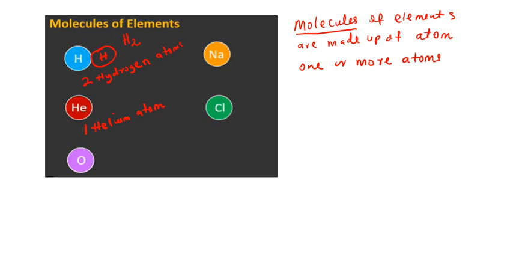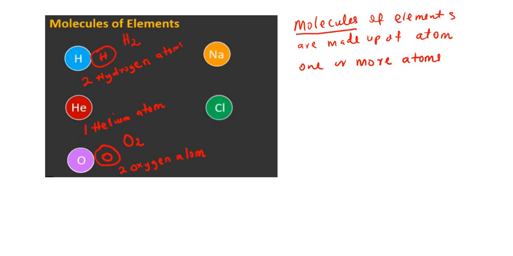So it's one helium atom. Let's look at oxygen here. Oxygen will require a friend. So we also have oxygen here. Therefore, we have two atoms of oxygen.